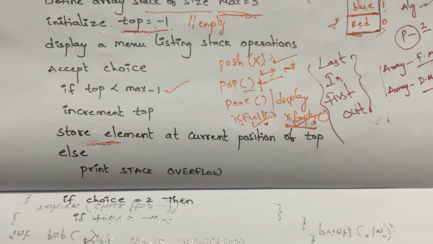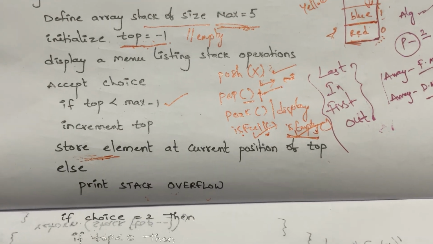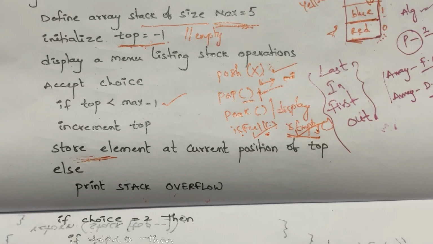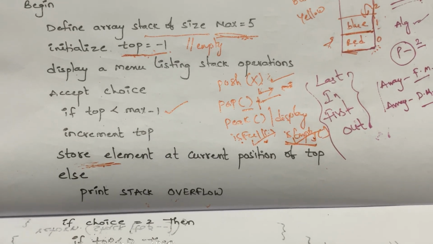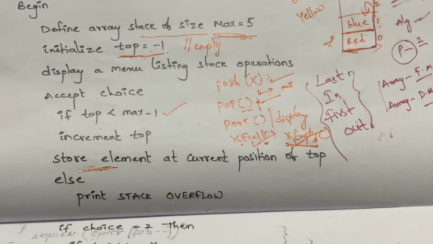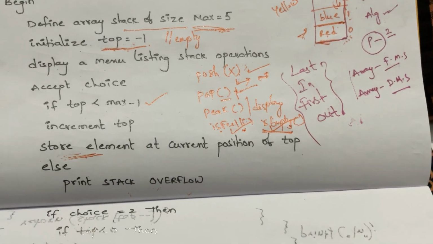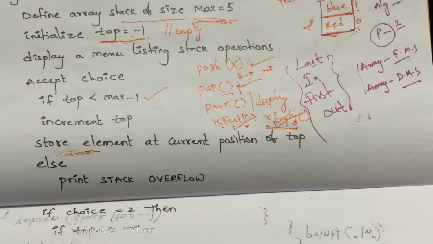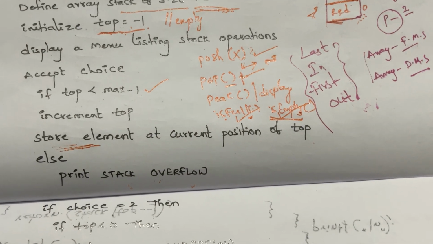This algorithm will help you understand the stack, help you write it in your exam, and help you step into the coding part. So this is the introduction to stack and the algorithm of stack. In the next video, I'll explain the code of stack using arrays.